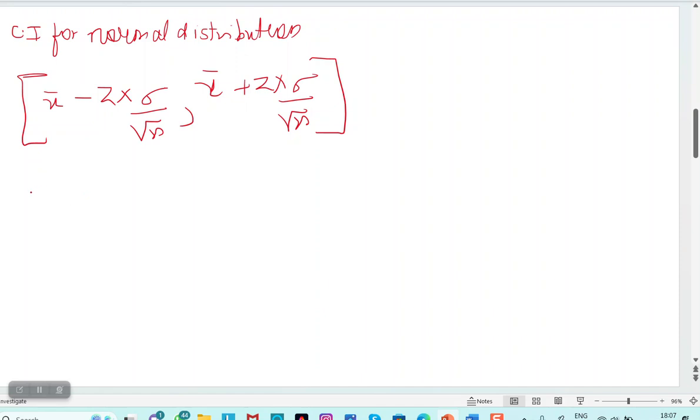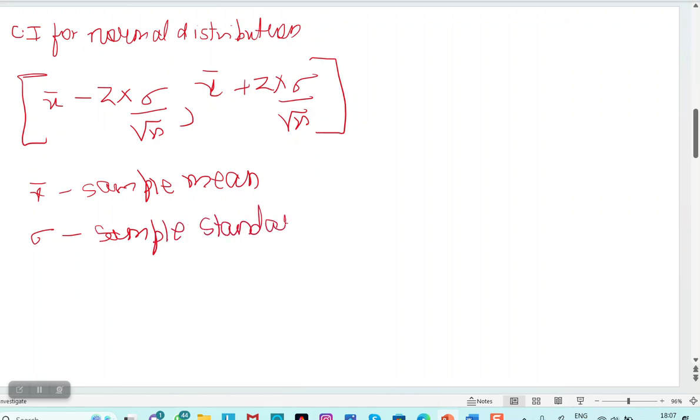In this case your x bar is the sample mean, sigma is the sample standard deviation, and n is the sample size.